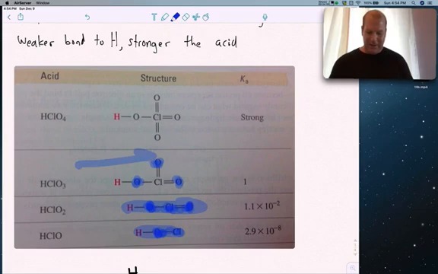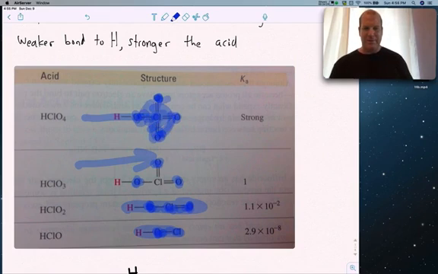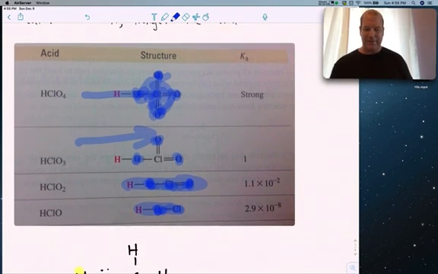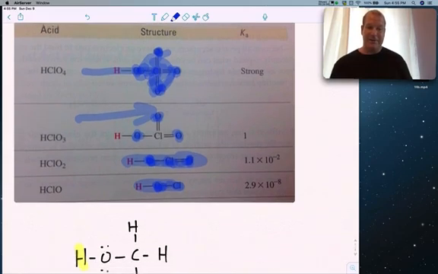The electron density just gets pulled away from the hydrogens. Finally, when you get to perchloric acid, it pulls so much of the electron density away. It's a very polar bond, and the electron cloud has mostly moved over, and that makes the hydrogen bonded to the oxygen very weak, and that makes it easy to pop off, hence the strong acid.